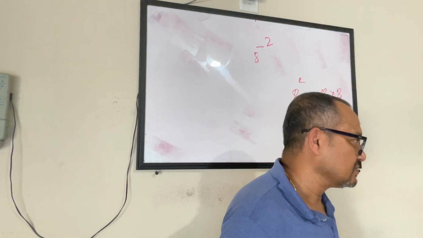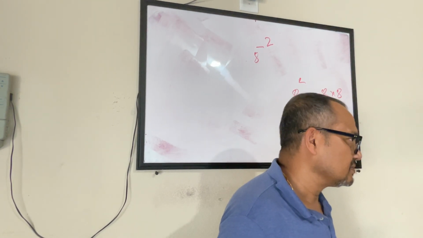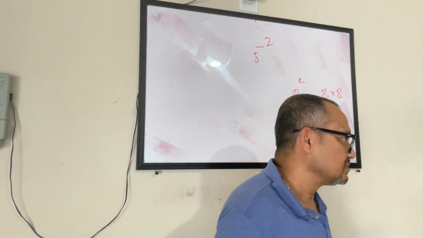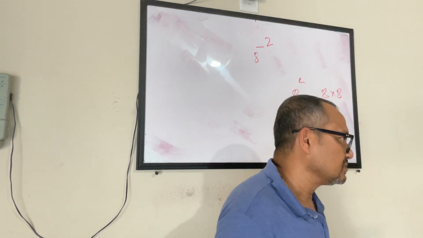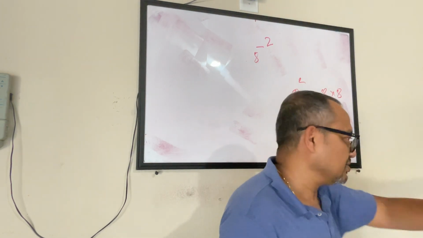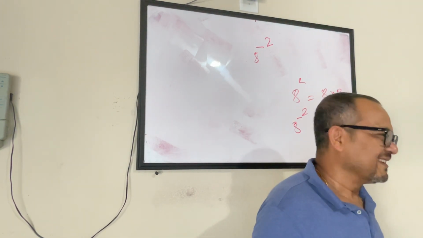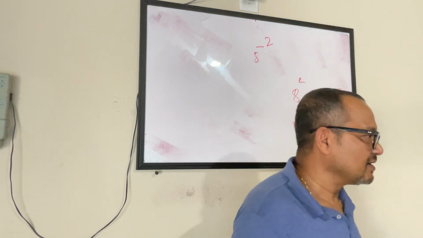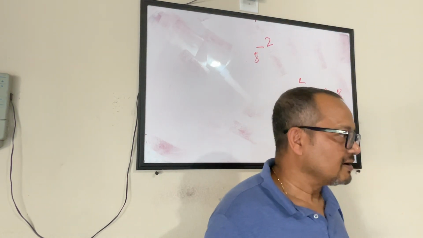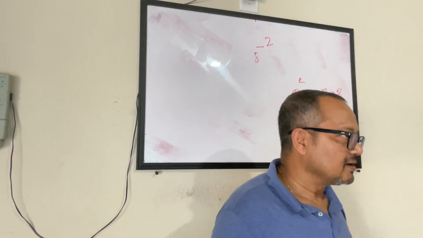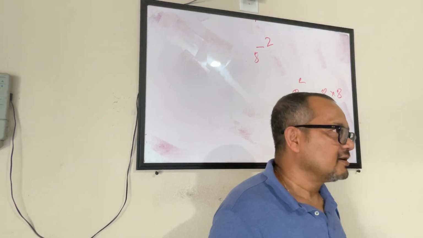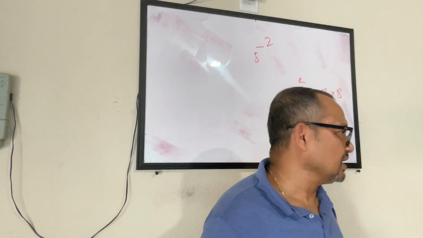We know that positive times negative equals negative. So it becomes 8 times negative 8 because there's a negative 2. Since you can switch the signs, the 8 becomes 1 by 8 to the power of 2.